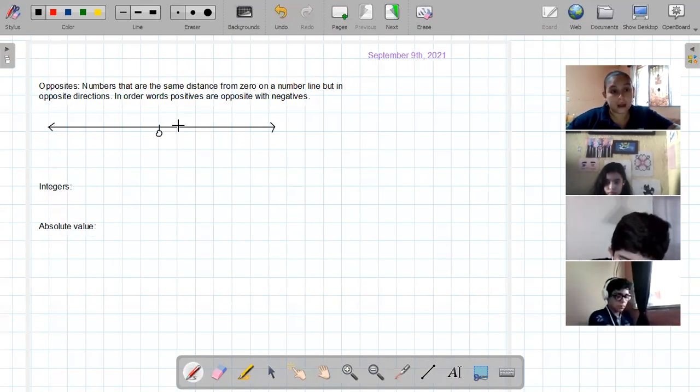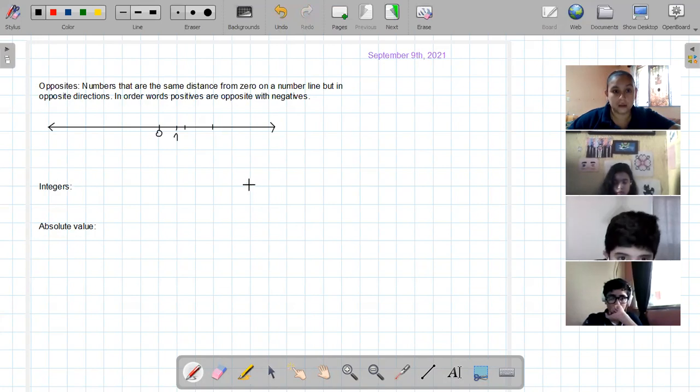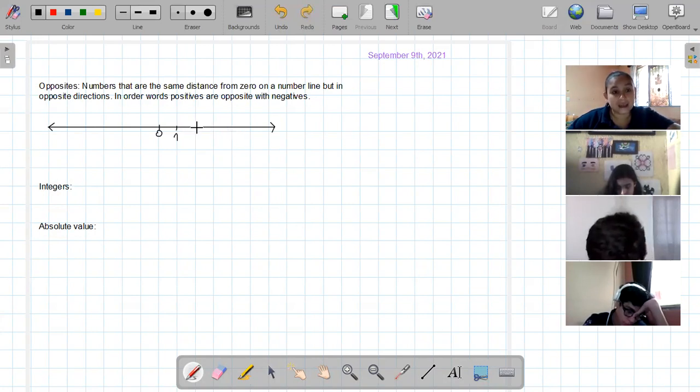What do I mean with that? If I'm placing 1 over here right on top of the line, I'm not placing 2 over here and then placing 3 over here. That would be incorrect because the distance between 1 and 2 is not the same as between 2 and 3. You have to have exactly the same distance.